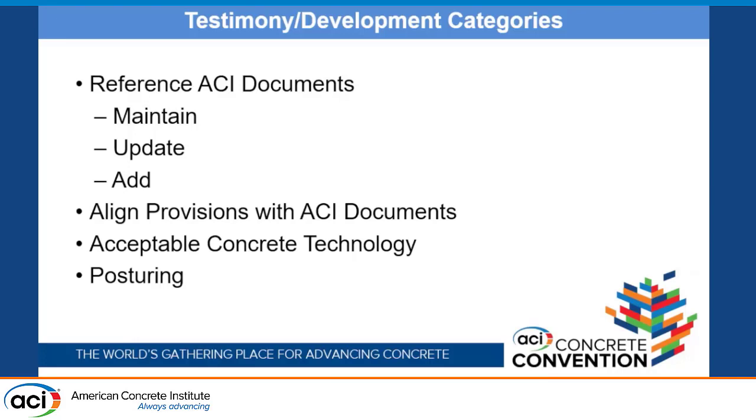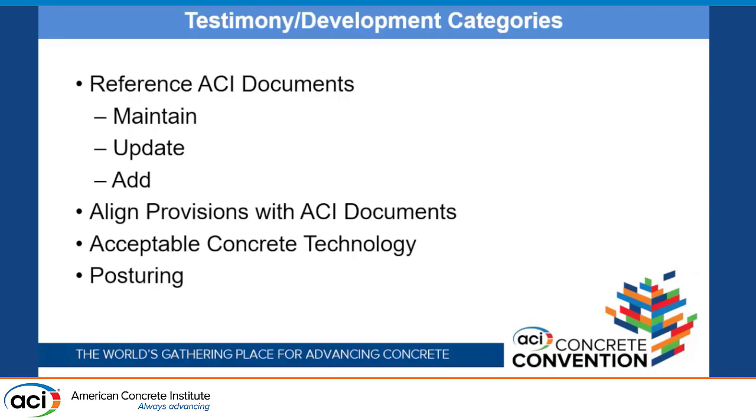So it's a challenge even to maintain it and update it, as well as just trying to introduce it the very first time. A lot of the language in the building code, there isn't an ACI standard. For a document to get referenced in the building code, it has to be written in standard language.